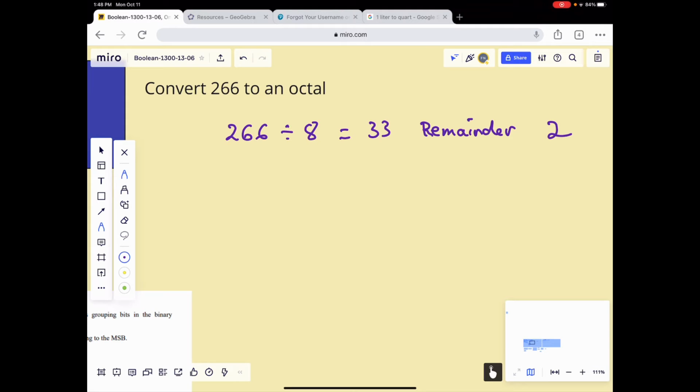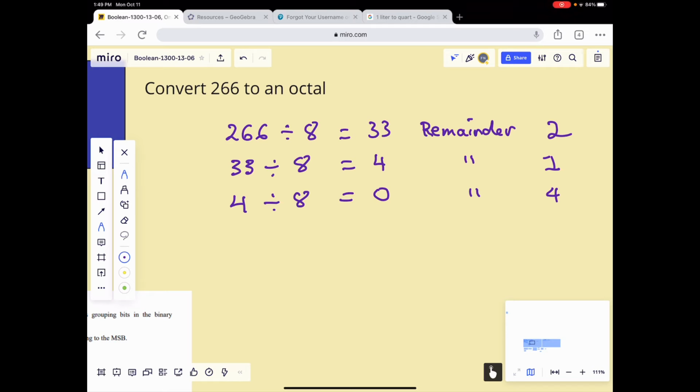Now you take 33 and repeat the same process, divide by 8. You get 4, because 4 times 8 equals 32, and the remainder equals 1. And then you take 4 divided by 8 equals 0, and the remainder is 4.